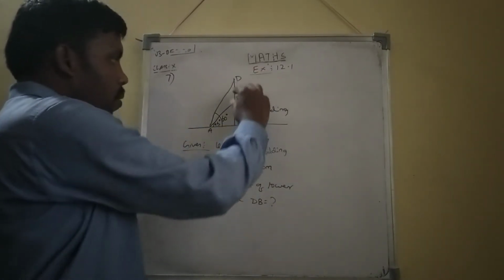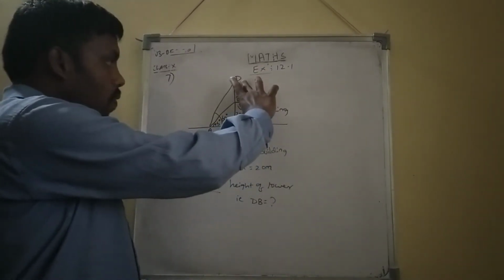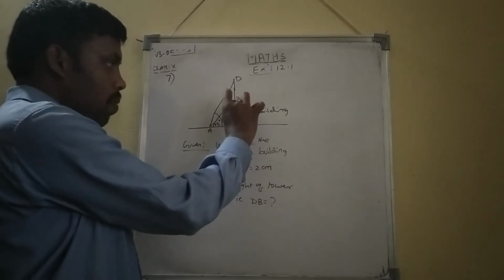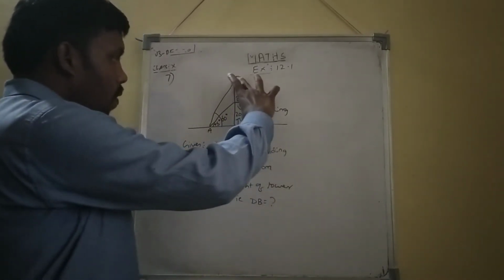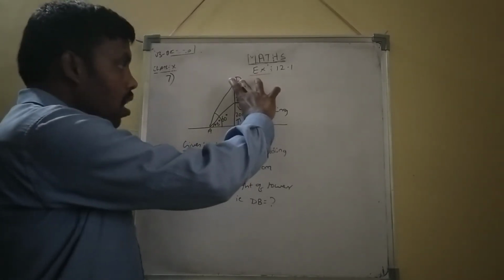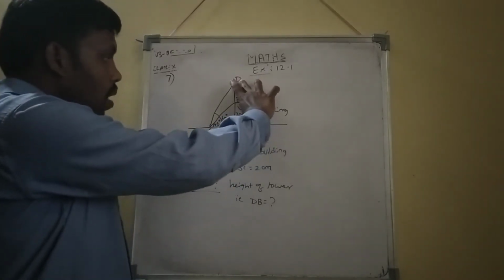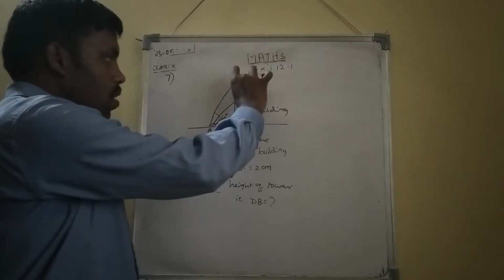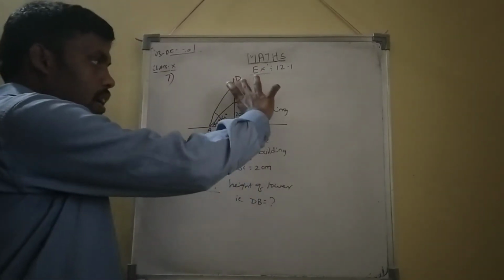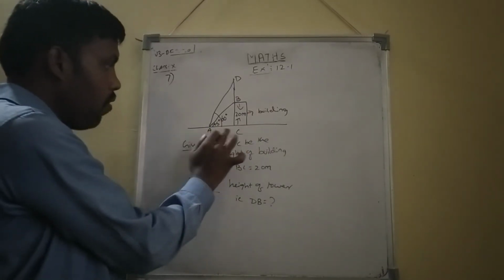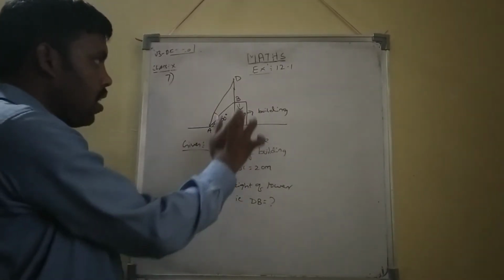To get DB, find the length of DC minus BC. BC we already know is 20. So if you find DC, then we can subtract BC, 20 meters, and get the length of DB.